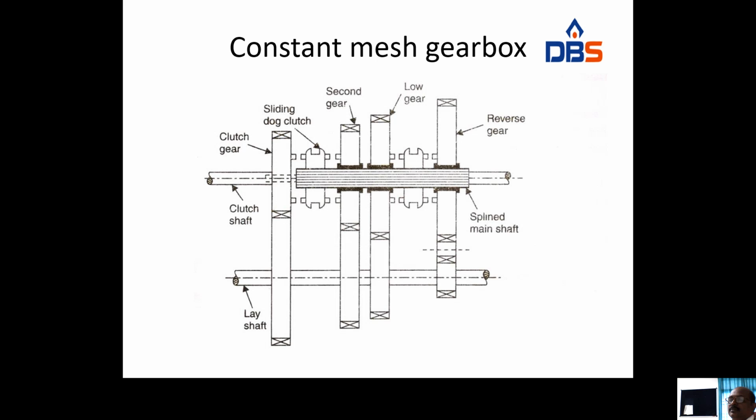So all the gears on the lay shaft are fixed to some other gears on the output shaft. So the gears will not change. They are constantly fixed. But on the output shaft, every gear with some bearing arrangement is free on the output shaft.